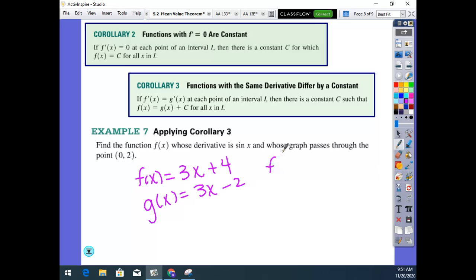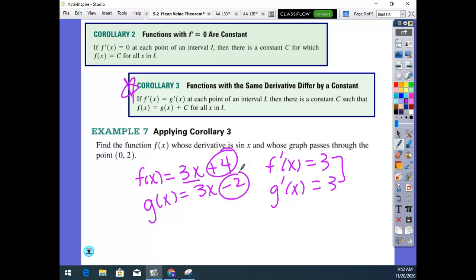My derivative, f prime, the derivative of 3x is 3, and g prime is also 3. So our derivatives are equal, but their constants are not. That's really what this is getting to. So when we're finding antiderivatives, we always have to account for the constants at the end.